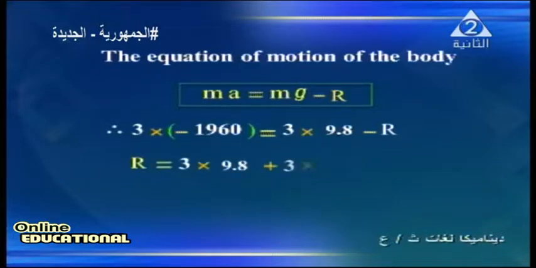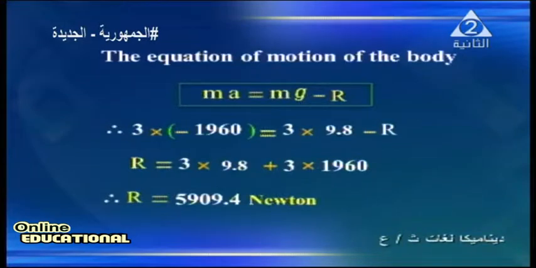Then the resistance r equals 3 multiplied by 9.8 plus 3 multiplied by 1960. Then r equals 5909.4 Newton. This is the resistance of the sand to the body in Newton unit.